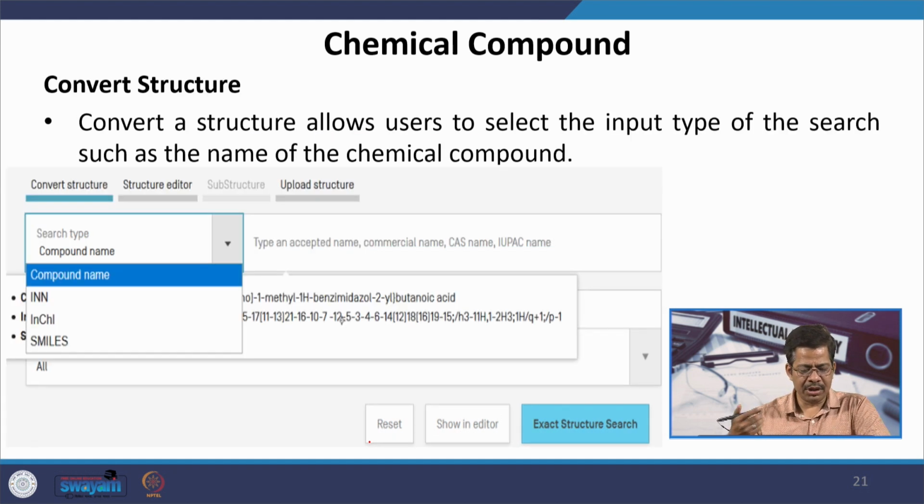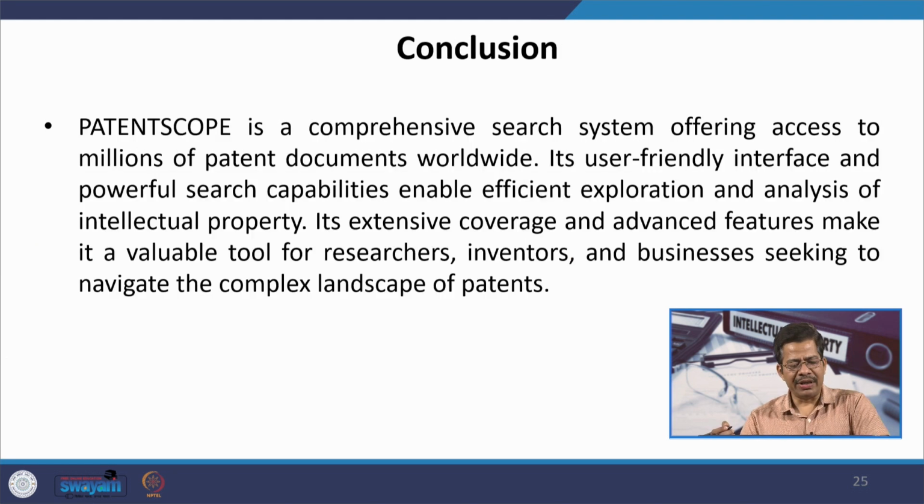So, this is about the chemical compound searches, and with this we understood that PATENTSCOPE is a very comprehensive search system. We need more and more practice. We need to create better and smarter search strings for getting efficient results.